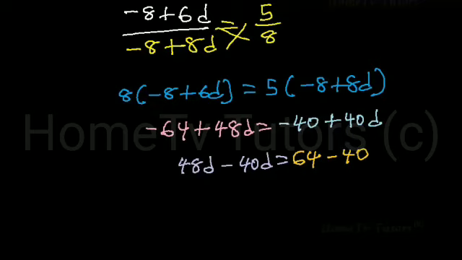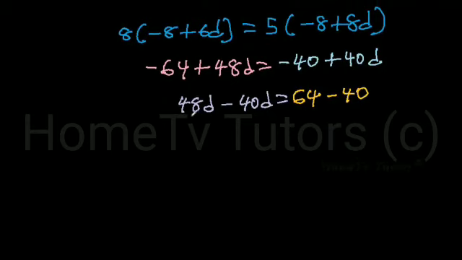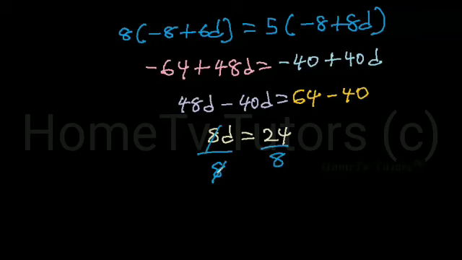Alright, so now we simplify further. 48d minus 40d will give us 8d equals 64 minus 40, which gives us 24. So now we divide both sides of the equation by 8. 8 cancels 8 out on the left hand side, so we have d alone. 8 in 24 is 3. So the common difference is equal to 3.